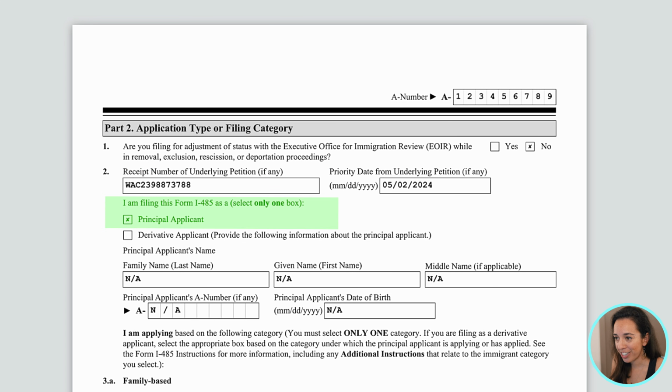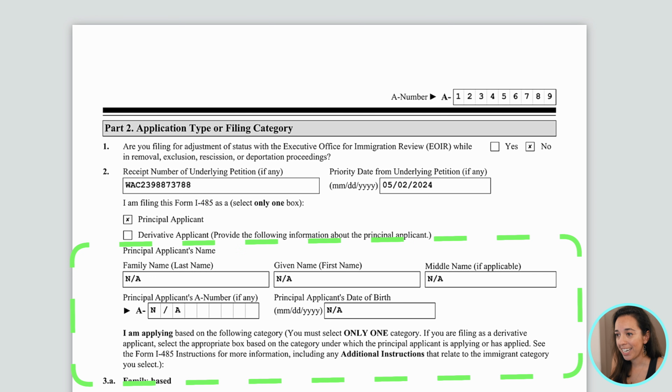The next question asks, who am I filing this I-485 form as? And you're going to select Principal Applicant. You can write NA for this next section, as you're only filling it out if you had checked the derivative applicant box.